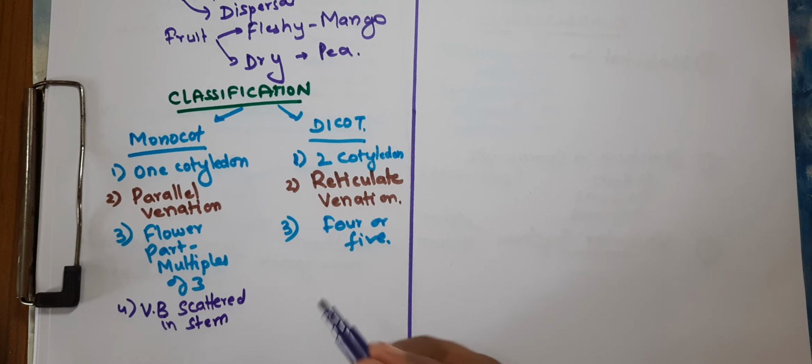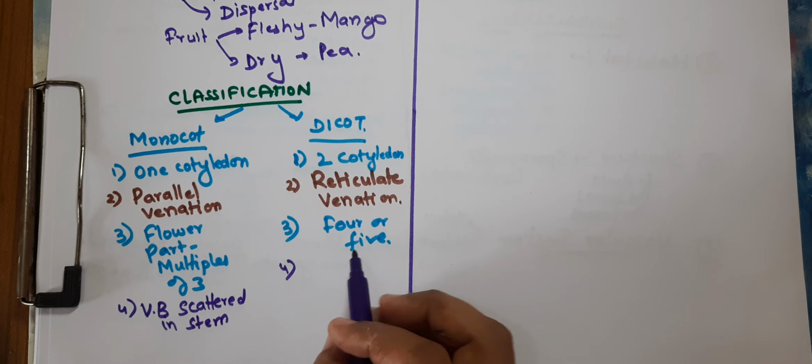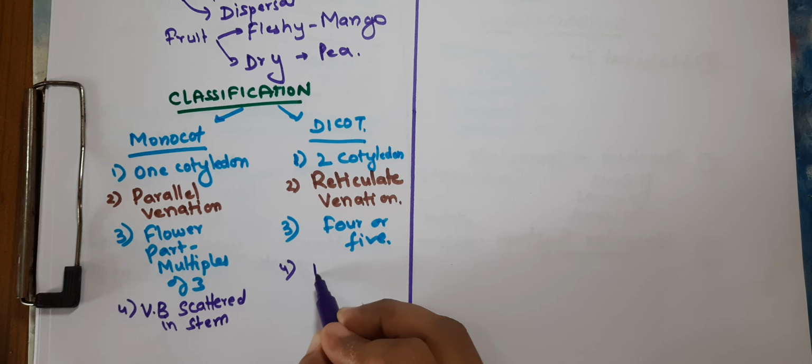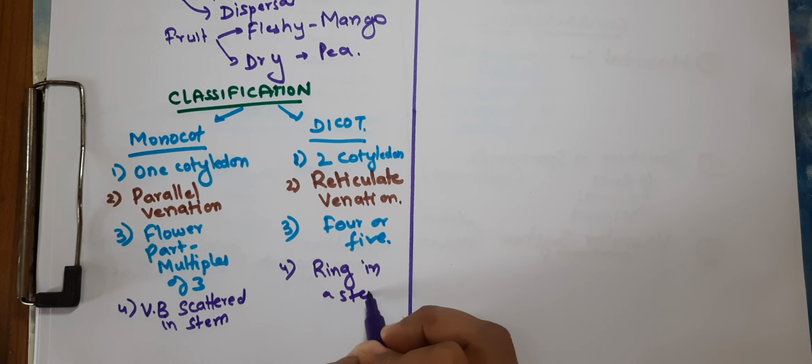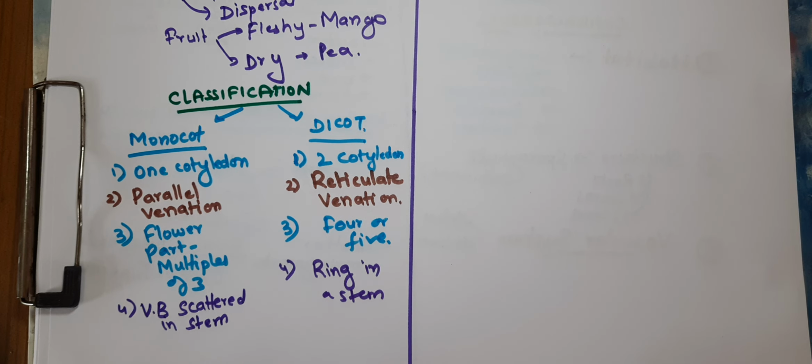This is a very important question, students. This is often asked in the examination. Whereas in the dicot, the vascular bundles are arranged in a ring form in the stem. So they are scattered in the case of monocot and arranged in a ring in the case of dicot.